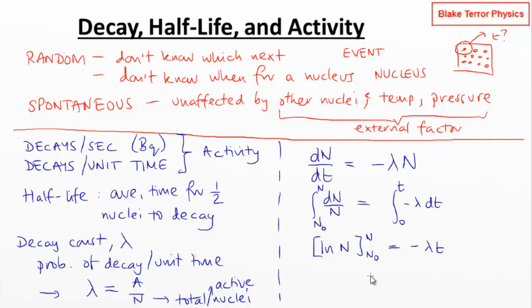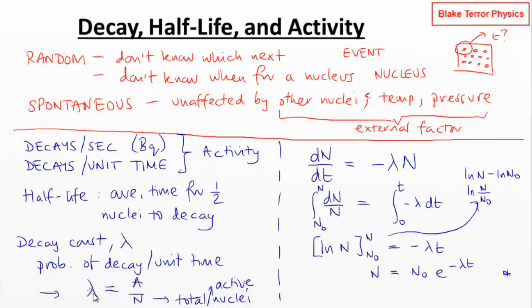Just solving all of that, we get that N equals N0 e to the minus lambda t, just working through your log, because when we bring that out, we get log N minus log N0, which is log N divided by N0. So this is how we're getting this equation here.